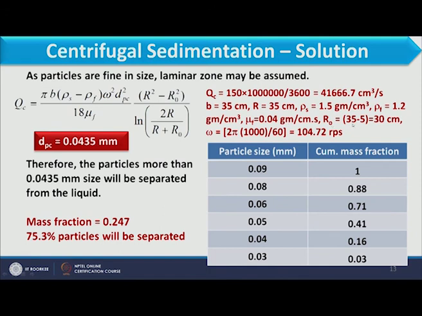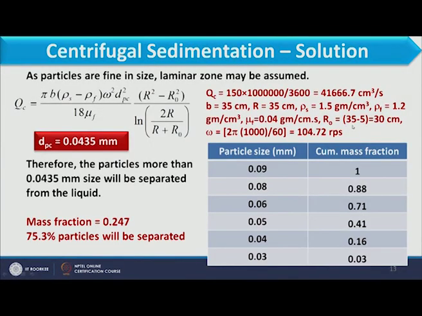R naught, how will we calculate it? The total radius of the bowl we know, and we know that a 5 centimeter layer is formed. So R naught is the starting distance of the layer from the axis, since the 5 centimeter thick layer is there. The radius is 35 centimeter.